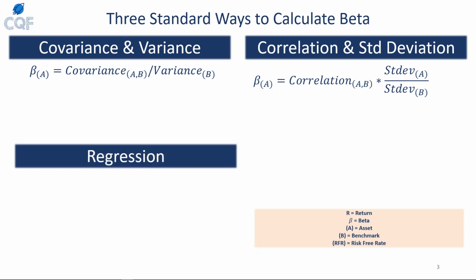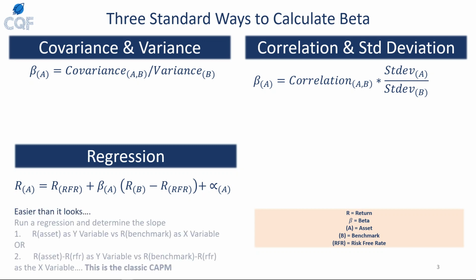And the last way here is through regression. The formula here would be the standard CAPM. If you're in school or studying for the CFA exams, you would know the CAPM pretty well, and that's what you see here. Honestly, it's easier than it looks. You're just running a regression with the asset's returns as the Y variable and the benchmark returns as the X variable, and the slope of that line is your beta.